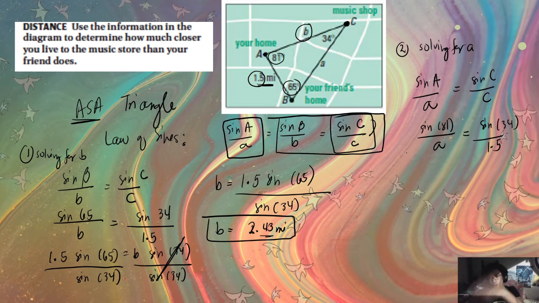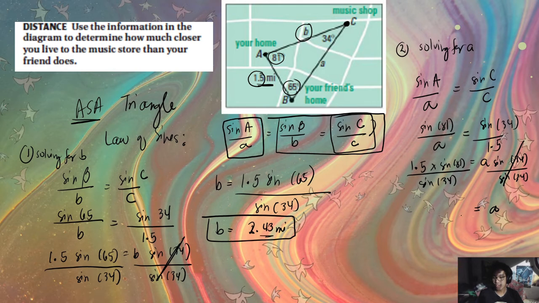Using cross multiplication, this gives us 1.5 times sine of 81 is equal to A sine of 34. Since we don't want sine of 34 on the right side, we divide both sides by sine of 34. This cancels out, and therefore the value of A is 1.5 sine of 81 over sine of 34.